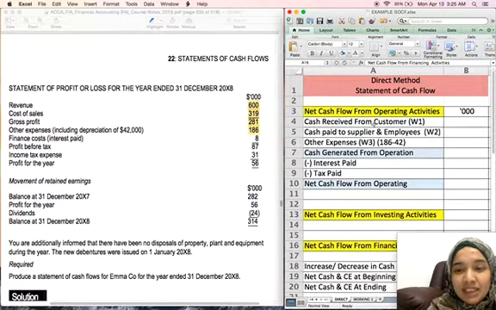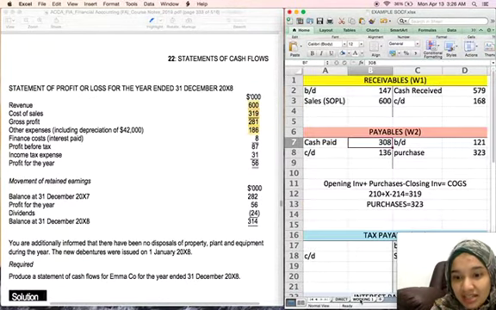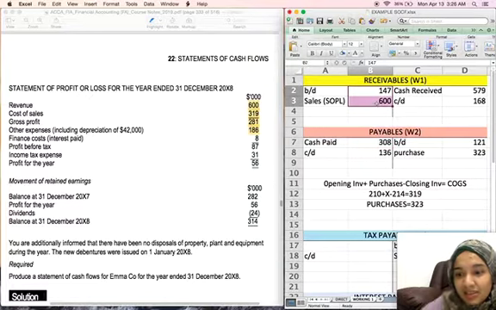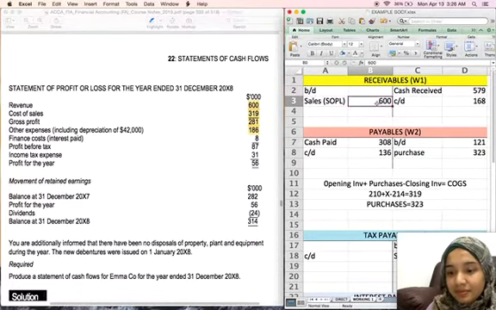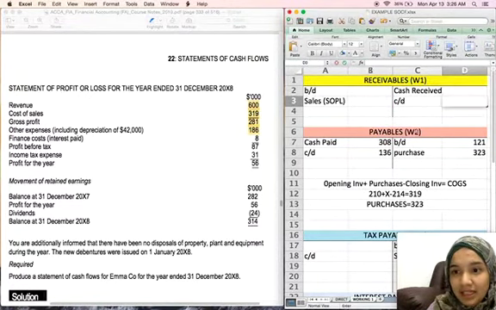Okay, so let's take a look at the example. Cash received from customer. How do you get cash received from customer? How much did customers pay you? So, which account do you have to open? Receivables account. Very good. So, let's do the receivables account.